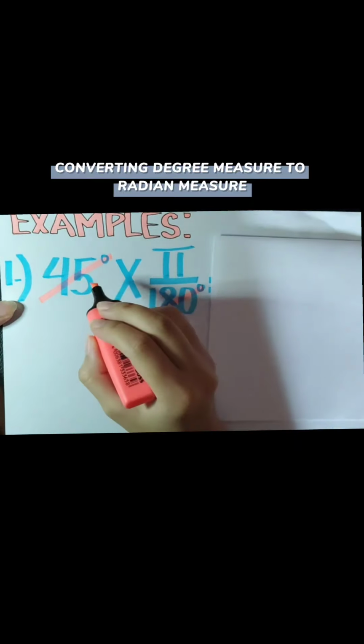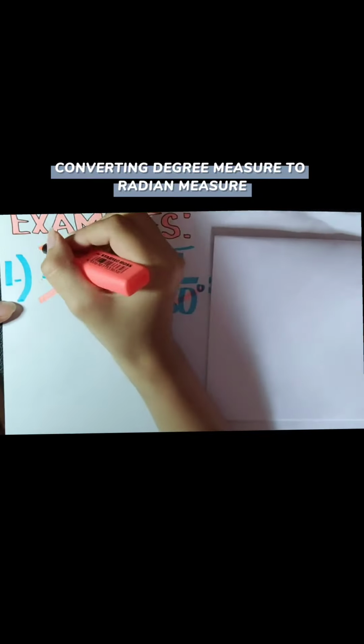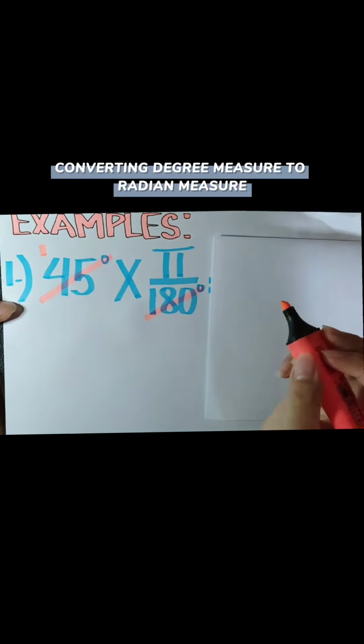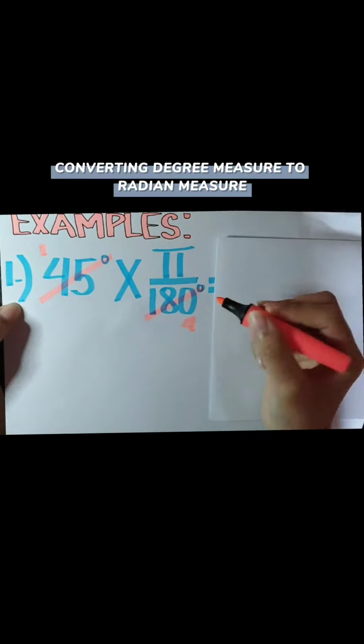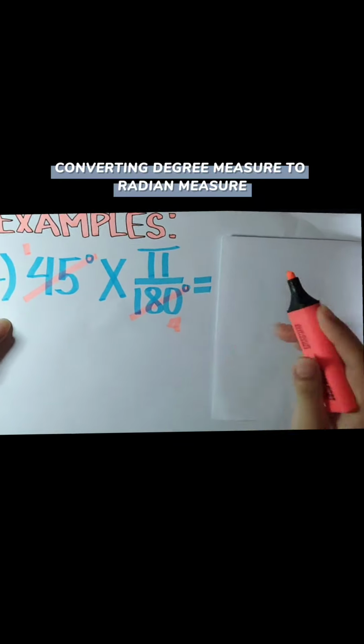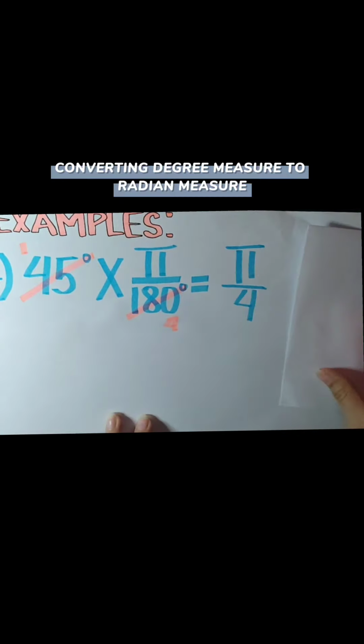So 45 will be 1, and 180 divided by 45 is equal to 4. So the only ones left are pi and 4. So our answer will be pi over 4.